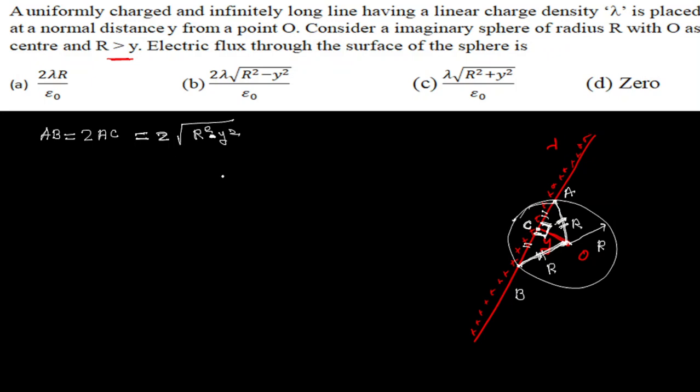So this will be the total length of AB, 2 times the square root of R square minus Y square.